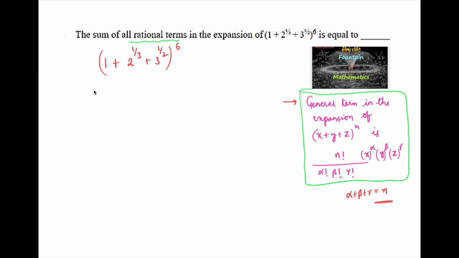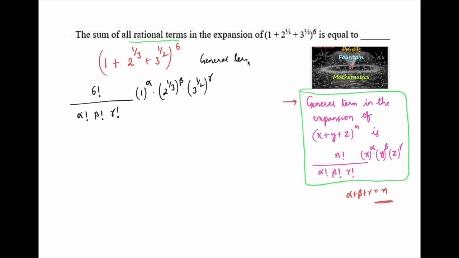So here we can write the general term as 6! / (α! β! γ!) × 1^α × (2^(1/3))^β × (3^(1/2))^γ.